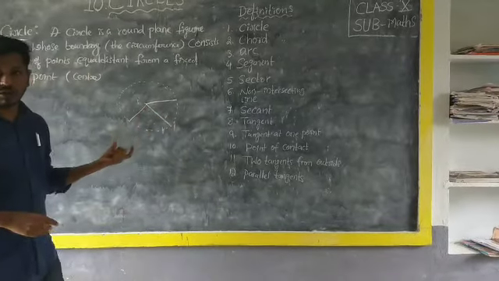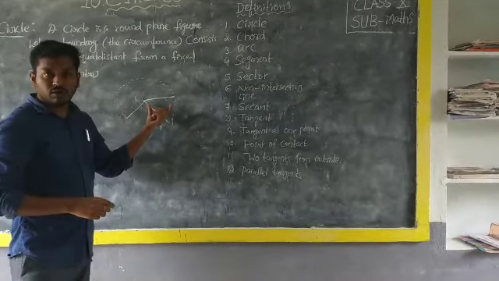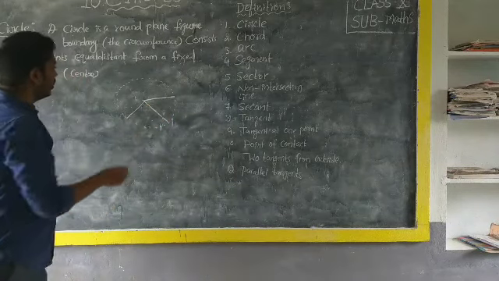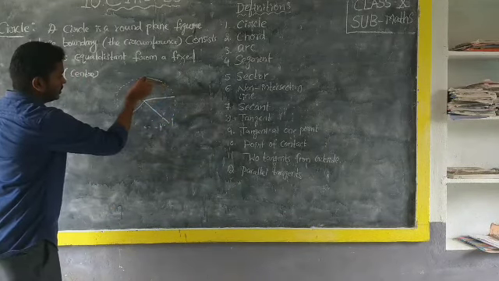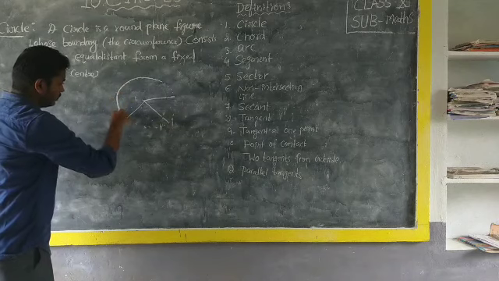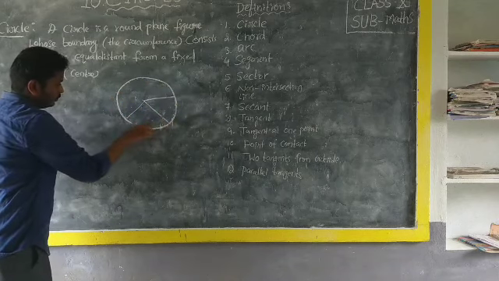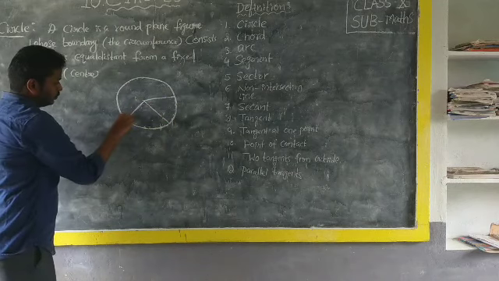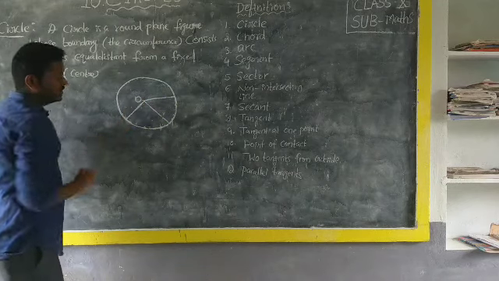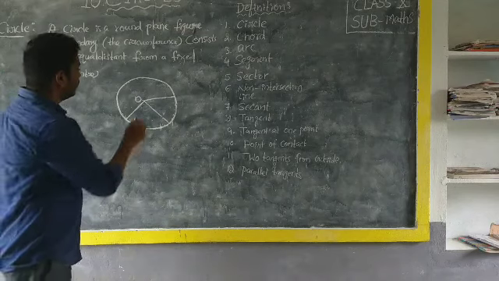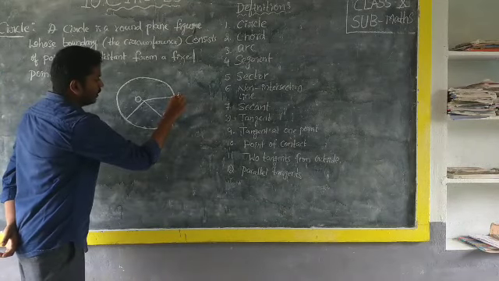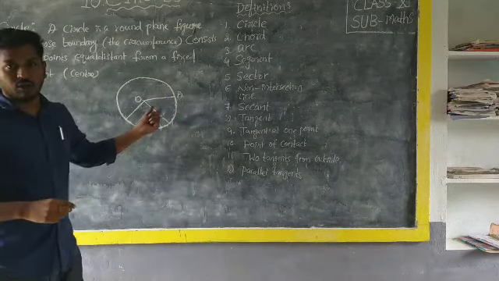That length is called radius. Now I have to construct a circle. Its center name is O. Then I take one point named A. Here OA is called radius.